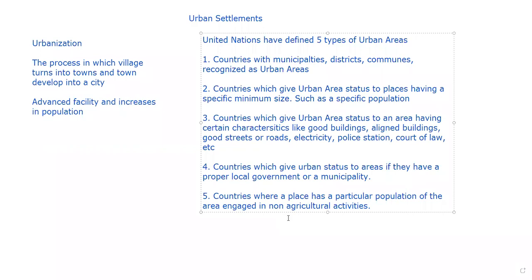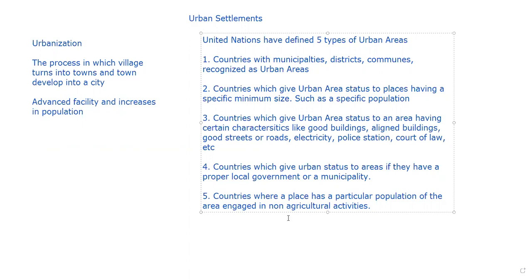So on the basis of those studies, the stages of population concentration are defined by different human geographers. Okay, and the distribution of these five areas is mainly due to the developing countries and the less populated countries.